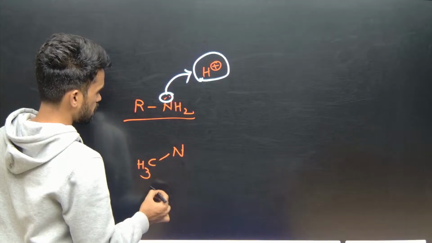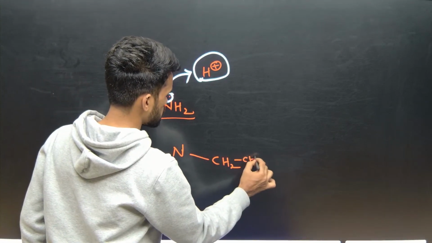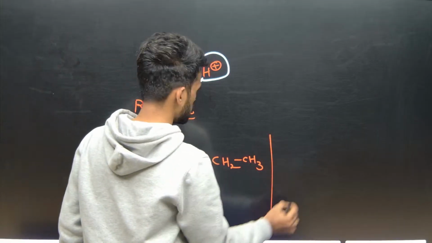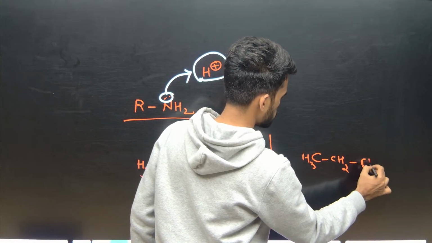Now I am writing R, which indicates one alkyl group like CH3. Here I am writing CH3, CH2, CH3 with a lone pair on this, and one more here, CH3, CH2, CH2, NH2.